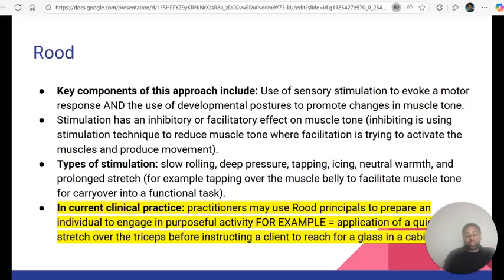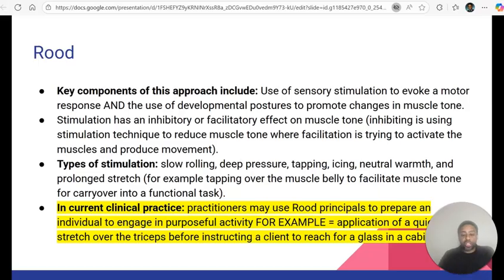This is not a primary modality, of course, but using this technique, therapists could have the person engage in purposeful activities by using some of these facilitatory techniques, and also some inhibitory techniques.